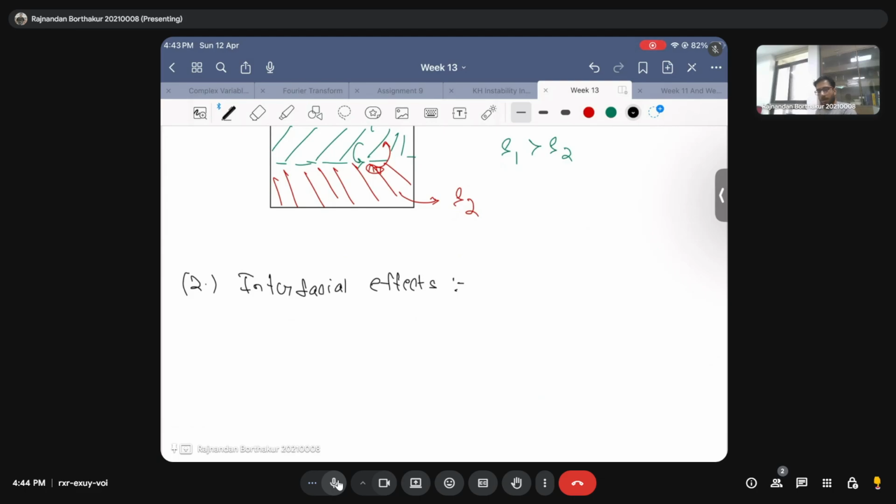One of the classical interfacial effects is surface tension, and surface tension can cause instabilities. It is a myth that surface tension always stabilizes an interface. In fact, there is a very famous instability known as the Rayleigh-Plateau instability, which we have always seen in our day-to-day life, although we don't understand that this is Rayleigh-Plateau instability.